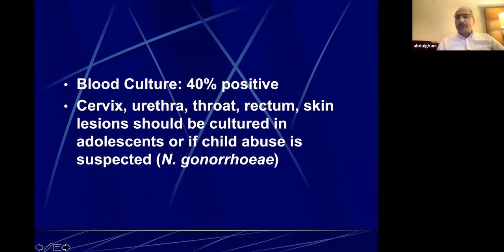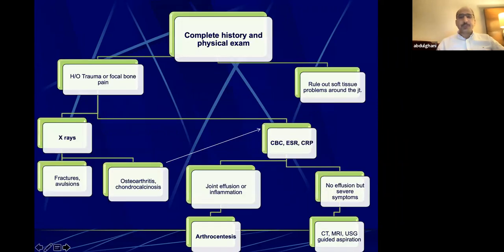Blood culture, especially if the patient is septic, can be positive in 40% of cases. And rarely, especially when you are suspecting gonococcal infection, you may have to ask for culture from the cervix, urethra, throat, rectum, and skin lesion also.